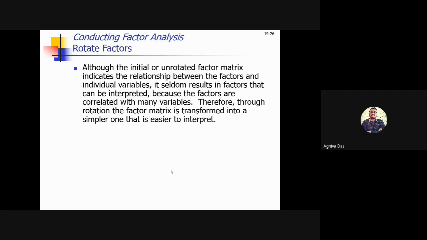So by rotation, the factor matrix is transformed into a simpler one, which is obviously easier to interpret.